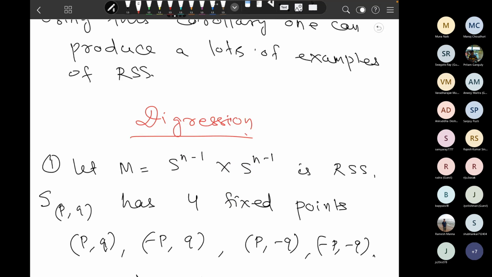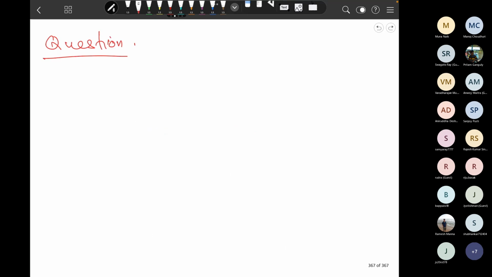Can you give me an example of a non-compact symmetric space where it happens? May not be true. Let us investigate a little. Can you give an example?